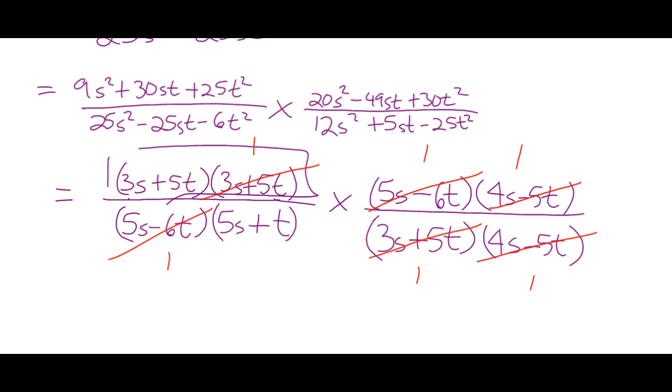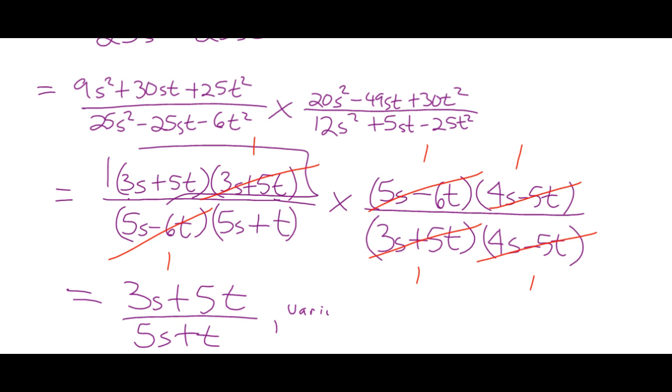So that's all 1, and what are we left with? 3s plus 5t and then various restrictions, like 5s minus 6t cannot equal 0, etc. We would never ask you for the restrictions unless it was a really simple one, and you just say 5s minus 6t can't be 0.